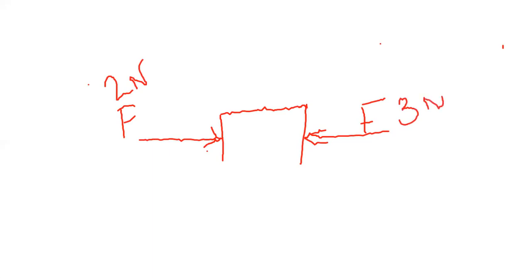From this particular side, I have applied a force F. From this particular side, I have applied a force F. Suppose this is 2 Newton force and this is 3 Newton force that has been applied on this particular table which has been mounted on the floor. Now what is going to happen?